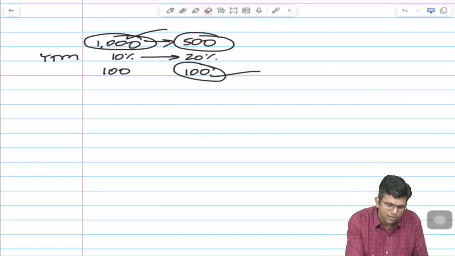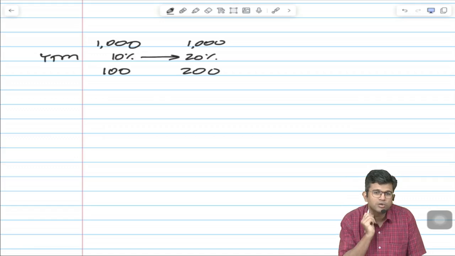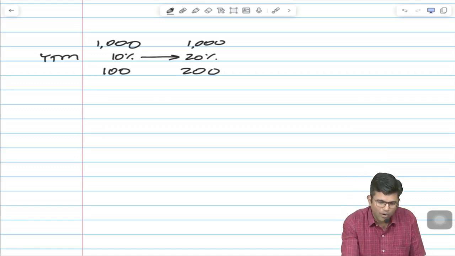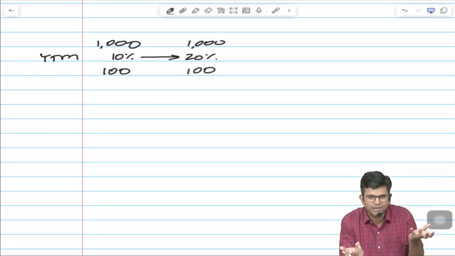Coupon cannot increase. You cannot say that, sir, the bond should start giving me more coupons. No. The bond will give you same coupon. Coupon is fixed. That's the whole premise of being a debenture.